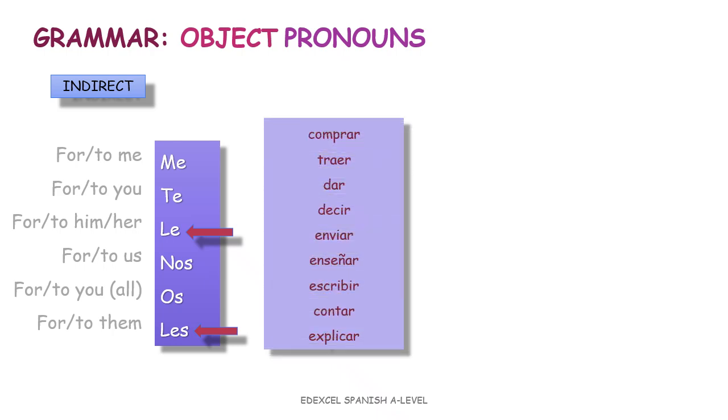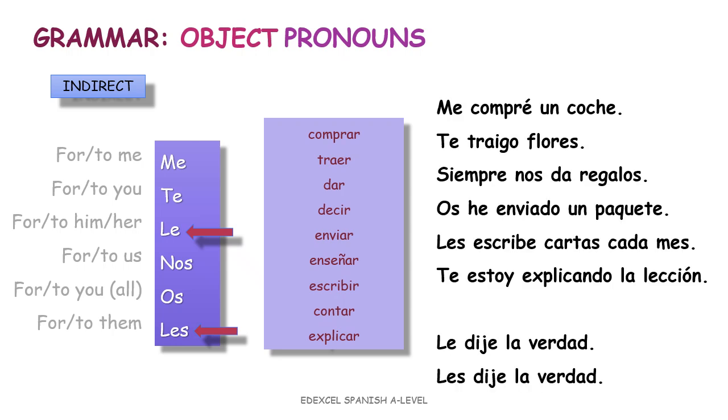For example, comprar, traer, dar, decir, enviar. And let's see some examples. "Me compré un coche", "te traigo flores", "siempre nos da regalos", "os he enviado un paquete", "les escribe cartas cada mes", or "te estoy explicando la lección".